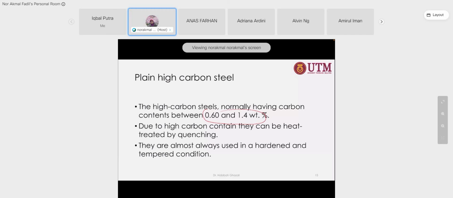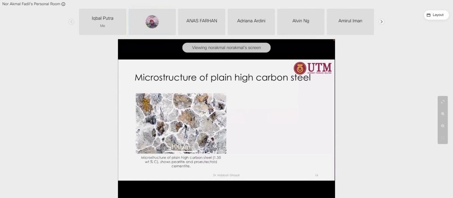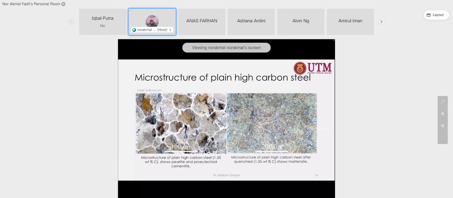Basically, this steel is being used as hardened and tempered steel. So you can see the microstructure. On the left side is without quenching, and on the right side is with quenching. Without the quenching, you can see the white region is quite limited.